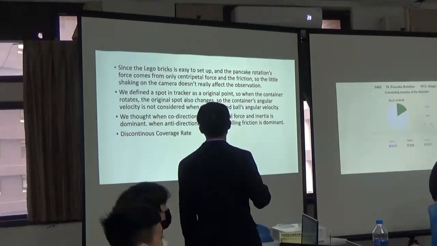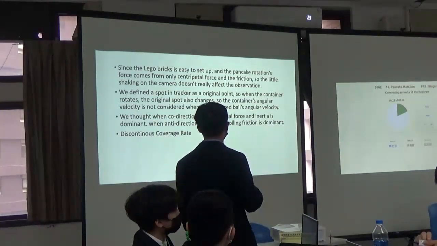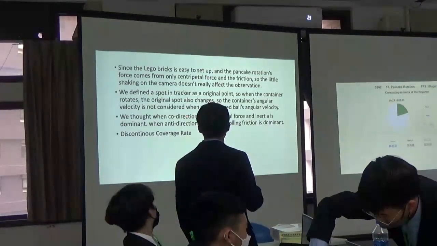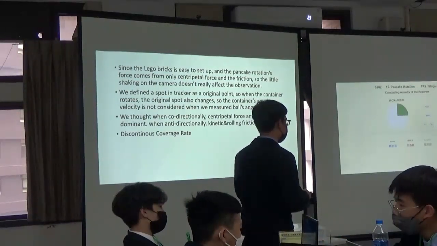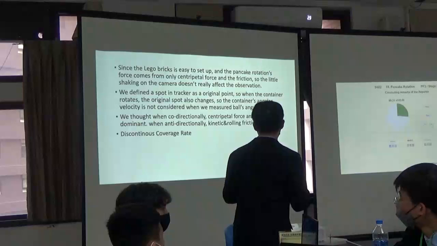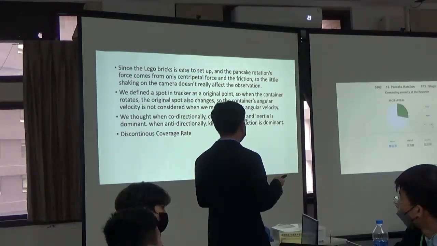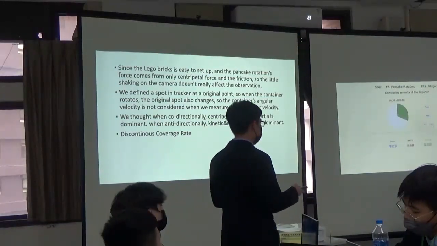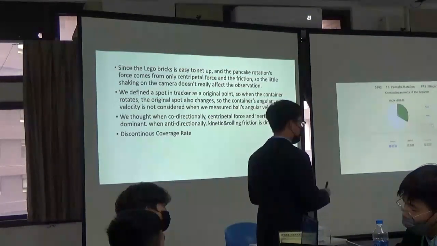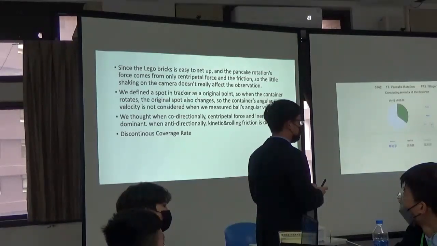Okay, the Lego brick is easy to set up, but if we want to check the angular velocity of the black ball, we can set the origin at the center of the container.